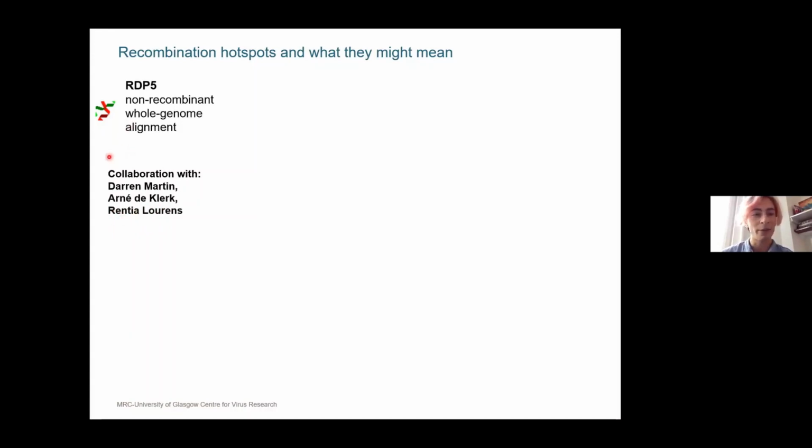And as I mentioned in the very beginning, we determined this less conservative method of determining recombination signatures in these 78 viruses. And you can use RDP5, and you can use the positions of the recombination breakpoints across the alignment to determine whether there are hotspots or cold spots of recombination.